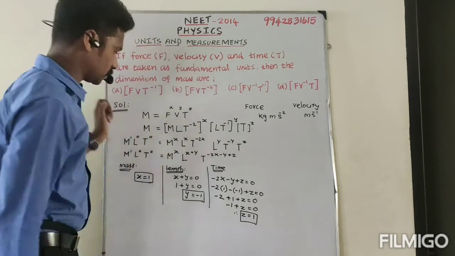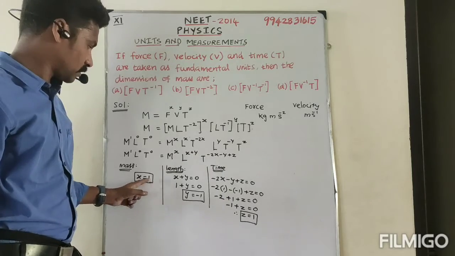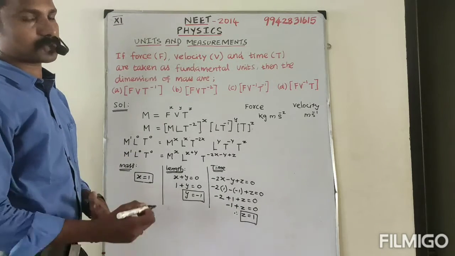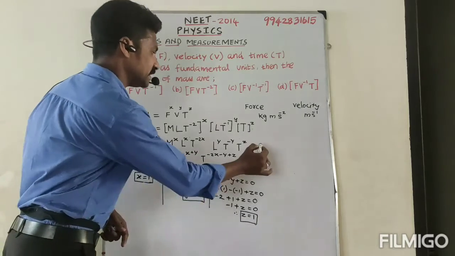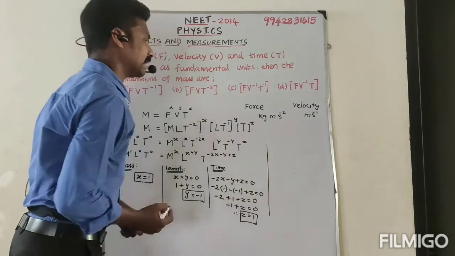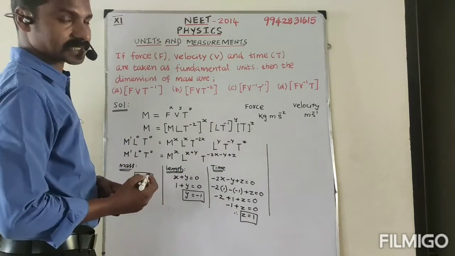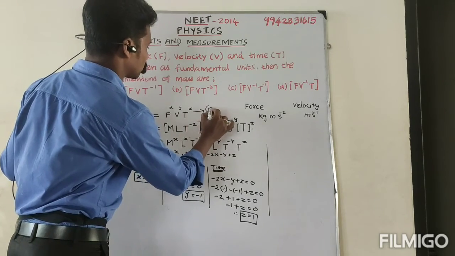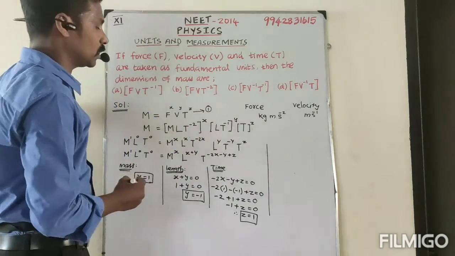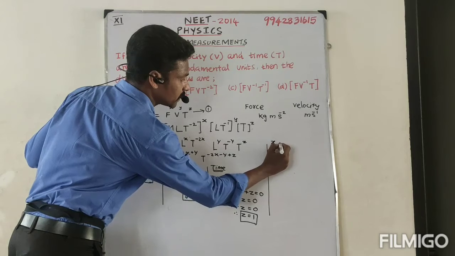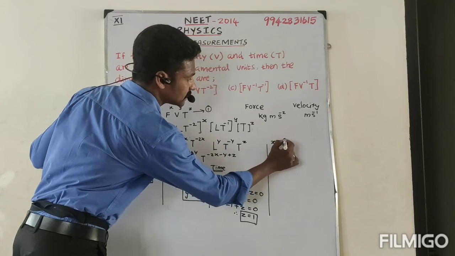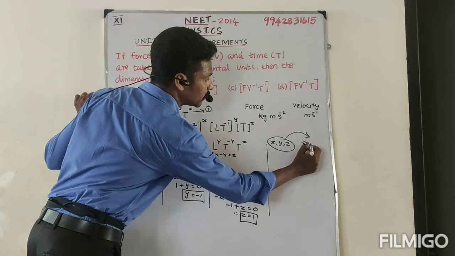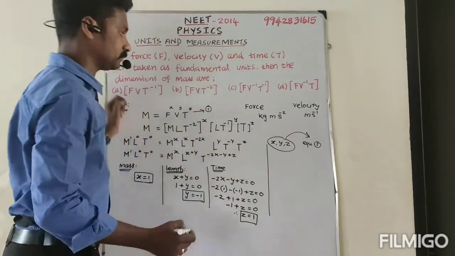Okay. Now you know x value is 1, y value is minus 1, and z value is plus 1. So these x, y, z values I can apply in this equation. This is equation number 1. So now we can write x, y and z, these three values, applied in equation number 1.